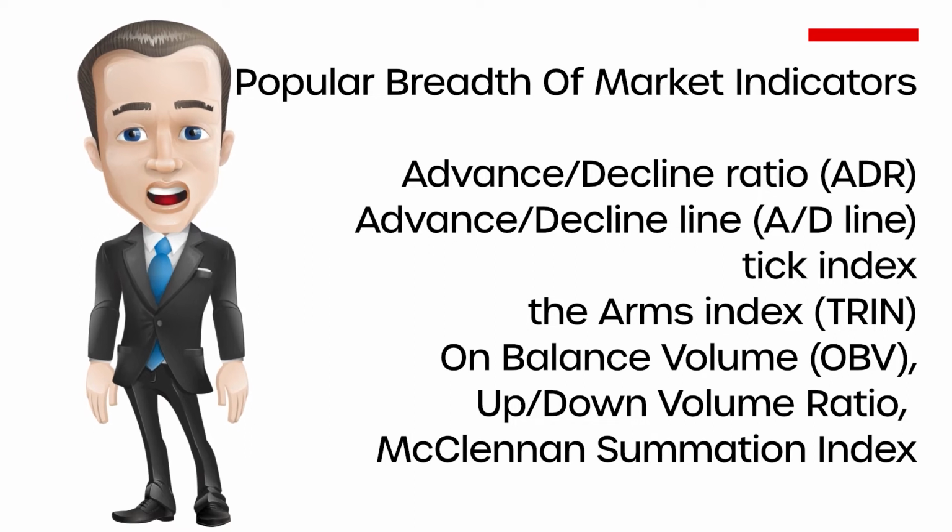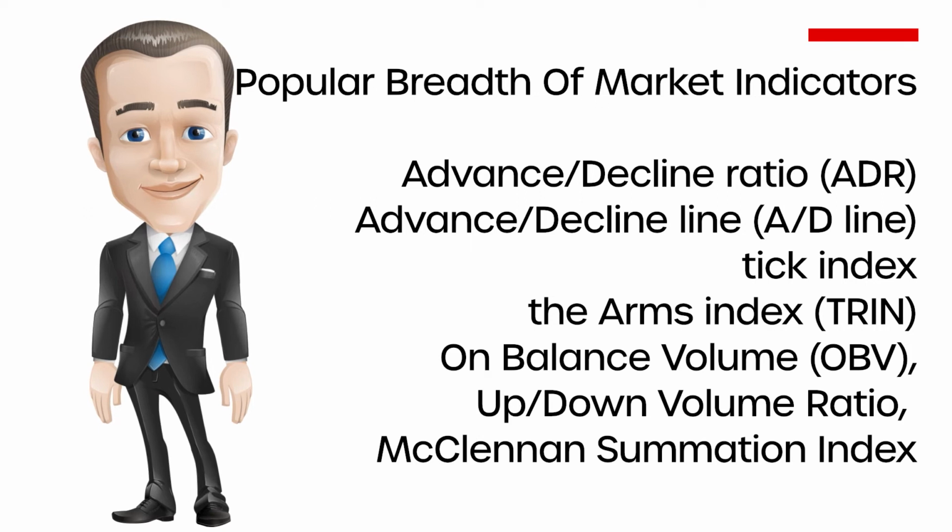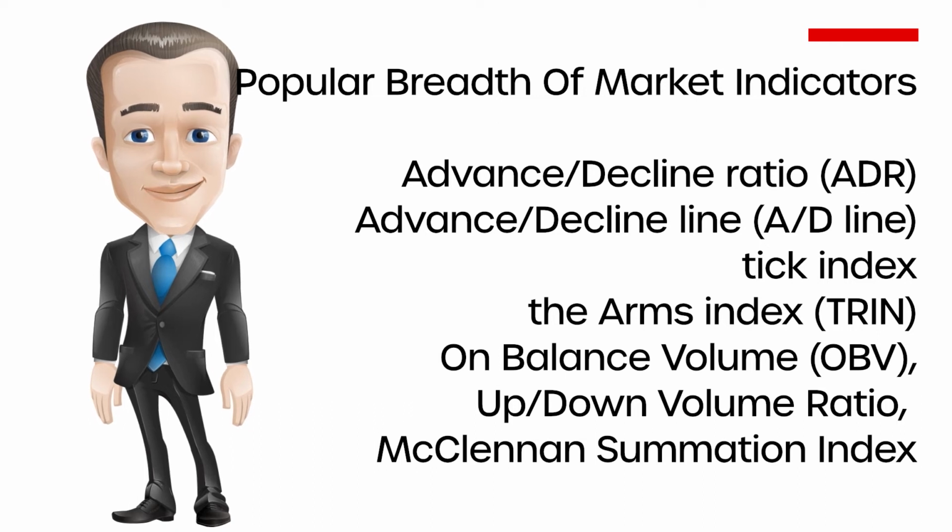The AD line plots changes in advances and declines on a daily basis, and the result is cumulative. Each data point is calculated by taking the difference between the number of advancing and declining issues and adding the result to the previous period's value, as shown by the following formula. AD line equals number of advancing stocks minus number of declining stocks plus previous period's AD line value.